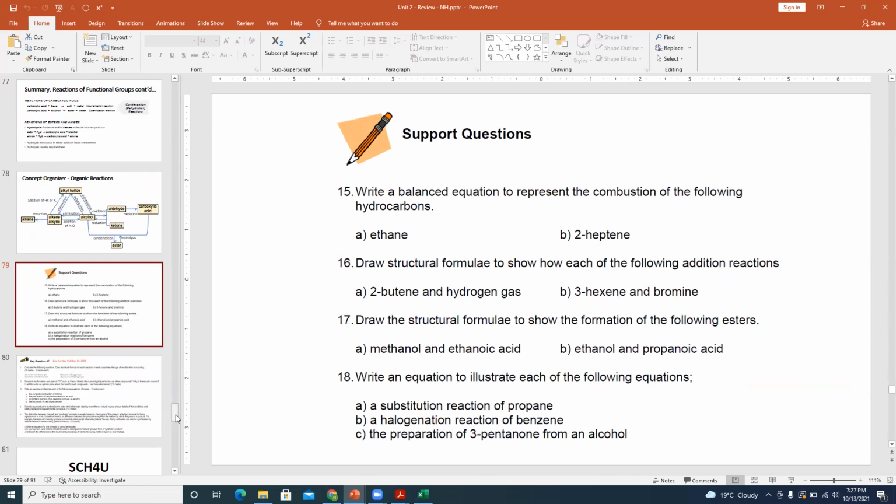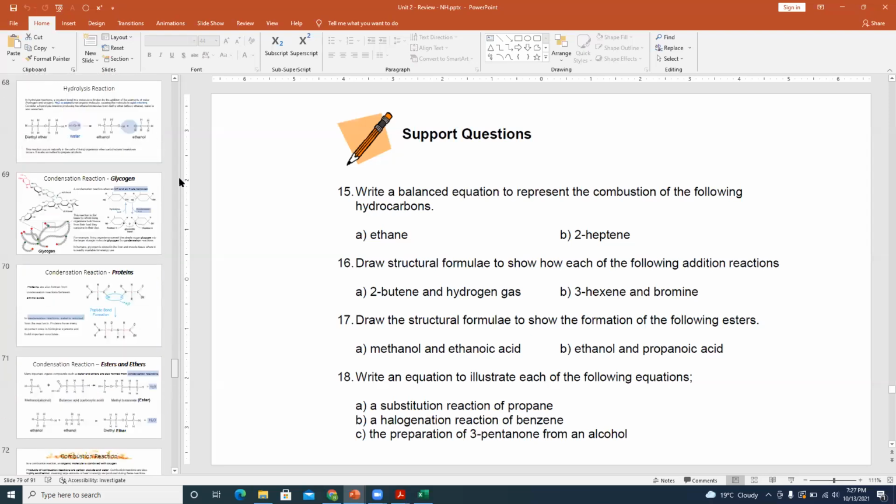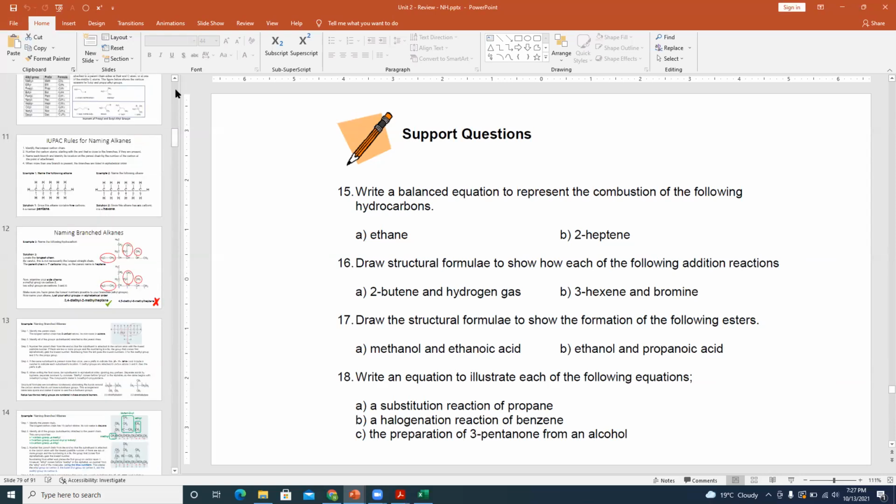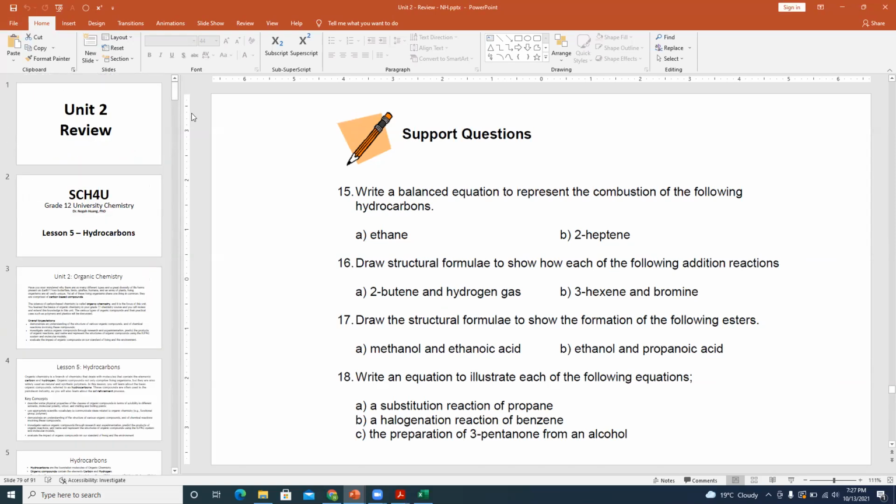So at this point, guys, we've finished units 1 and 2. Unit 1 had to do with atomic theory and talked about the different models of the atom and our current understanding of the atom and the arrangement of electrons around the atom.